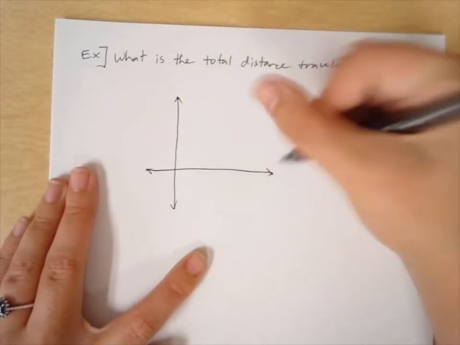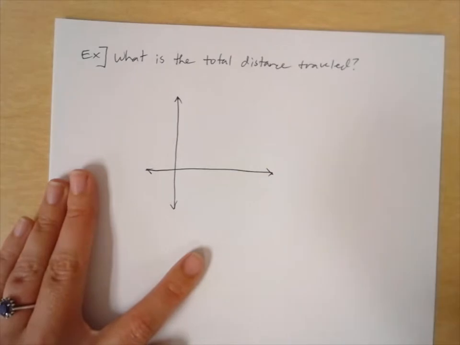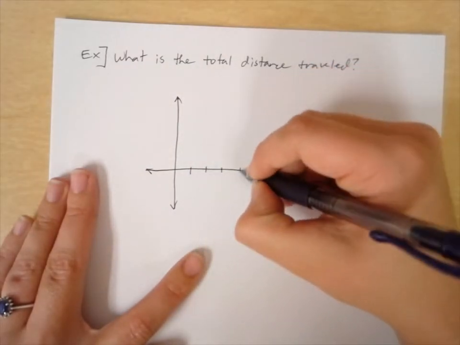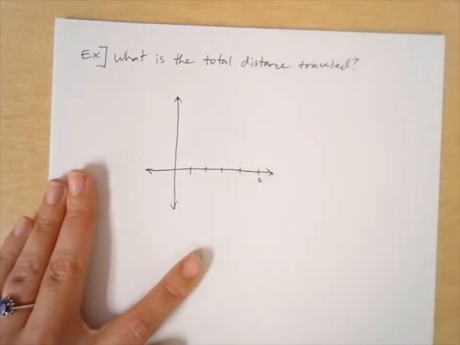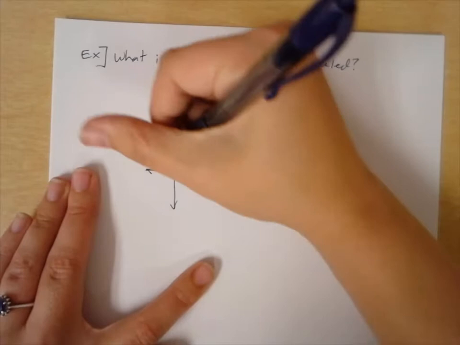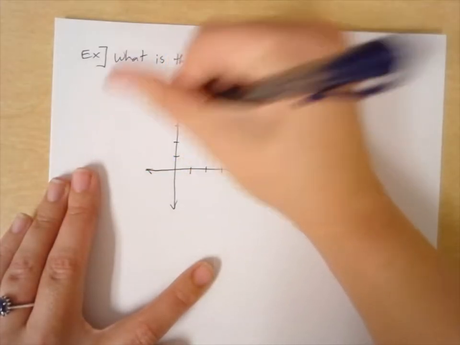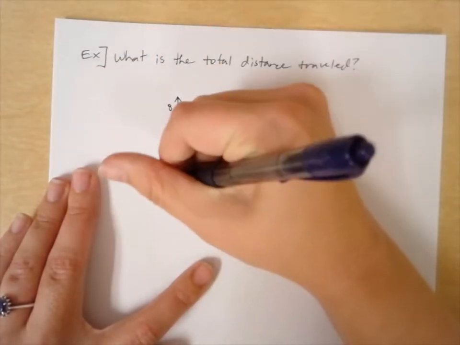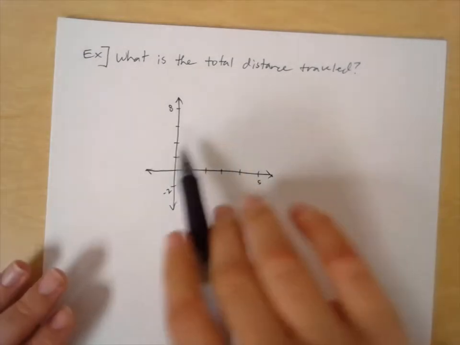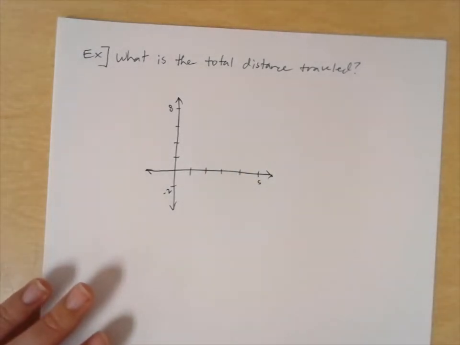Get a coordinate plane going, and I'm going to be going from 1 to 5, because that's the interval I'm interested in. 1, 2, 3, 4, 5. And I'm interested in going up by 2s, 2, 4, 6, 8, and down by 2s as well. So, again, what we are doing here is graphing V of t, and here's what that looks like.